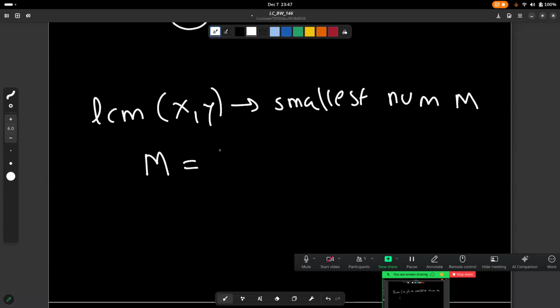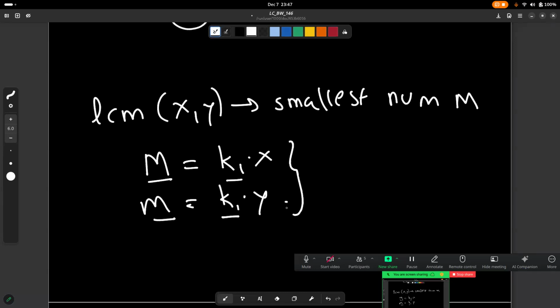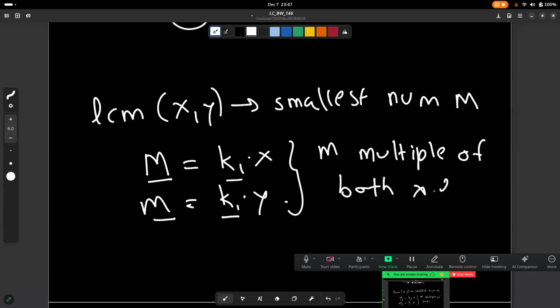What this means is that m can be represented as k1 times x, and m can also be represented as k2 times y. This k is an integer, 1 or greater. So m is a multiple of both x and y, and we have to find the smallest such number. The smallest such number is the LCM of x and y.